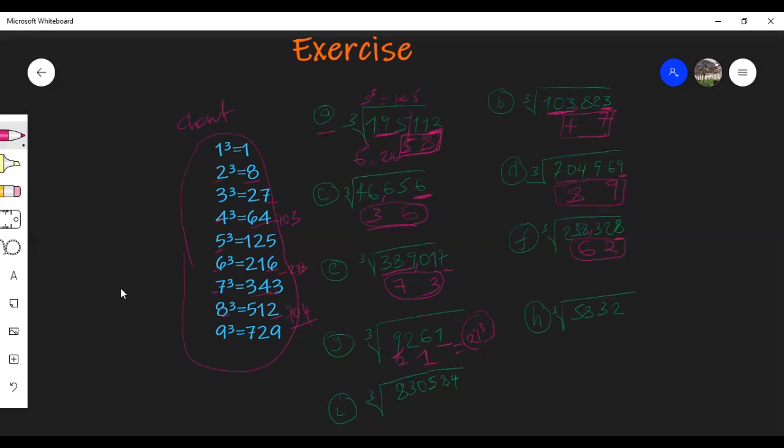And then H, you've got here 5,832. We want to get the cube root of this number. So you go and check what number gives you 2 at the end. And if you look here, it gives you 8. And then you look at your chart again, which number will give you 5 if you cube it.